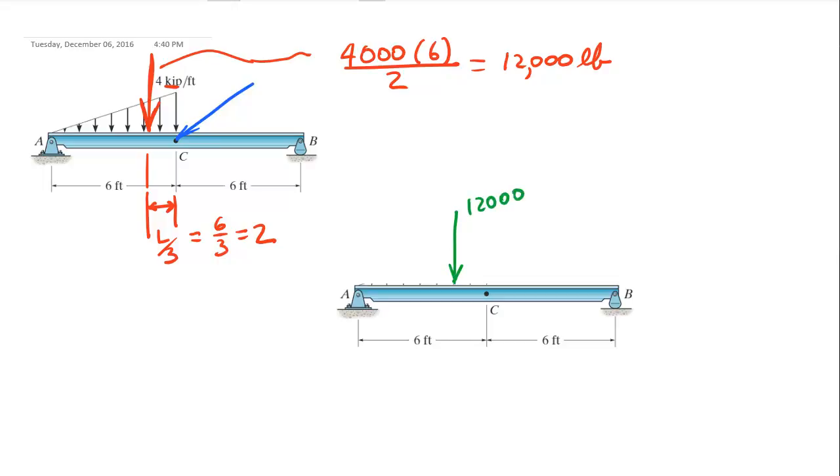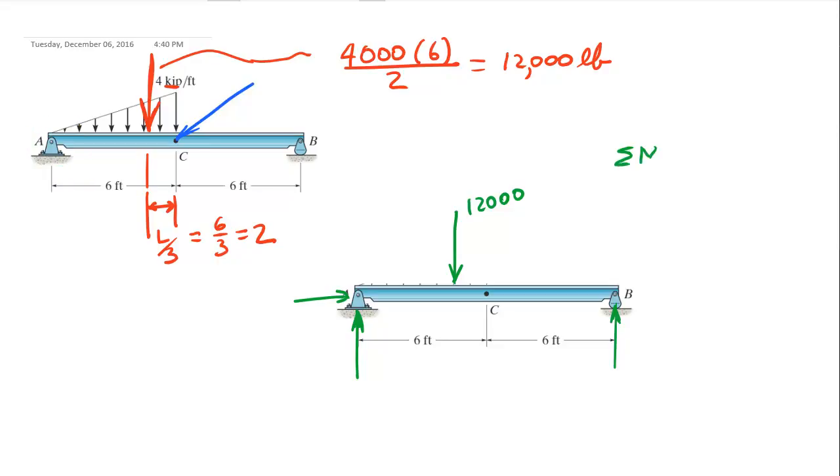And 12,000 means you have to have a support over here and a support load here. Technically this one, since it's pinned the way it is, can take an X load. This one, since it's a rocker, cannot.